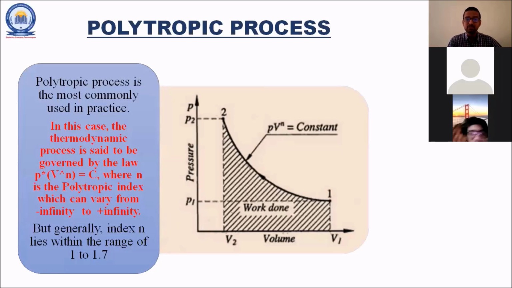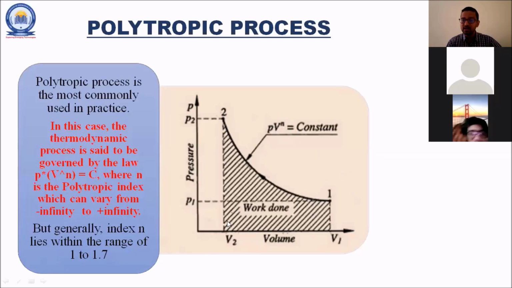The standard equation for the polytropic process is given as PV raised to N, that is equal to constant, where N is the polytropic index and the value of N varies from minus infinity to plus infinity. But for practical purposes, for determining the properties of the gases, we are generally taking the index N to be in the range of 1 to 1.7.